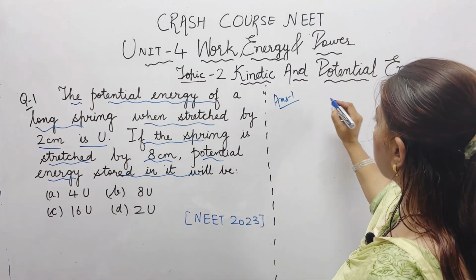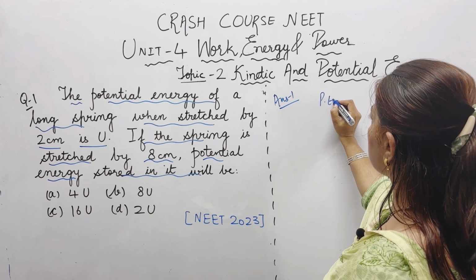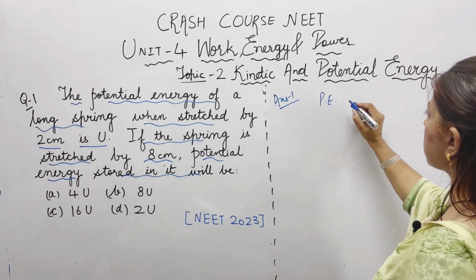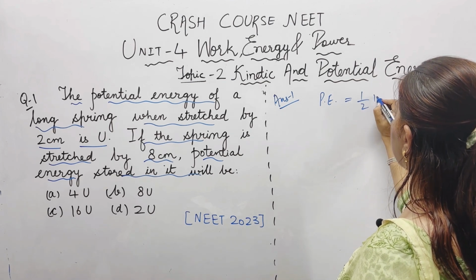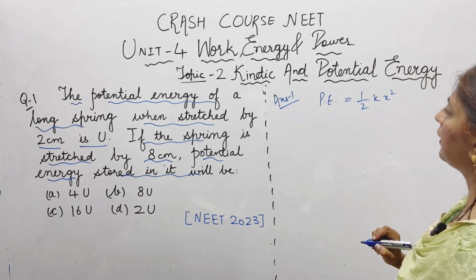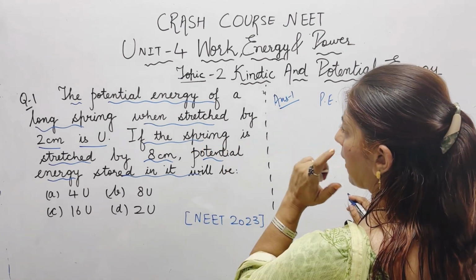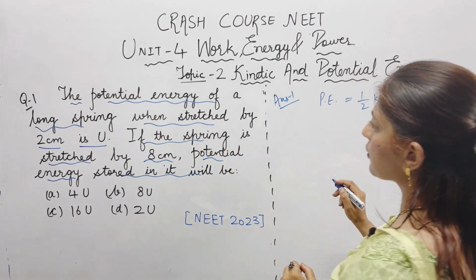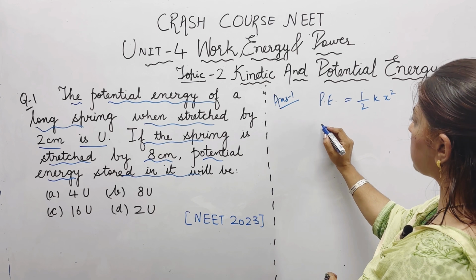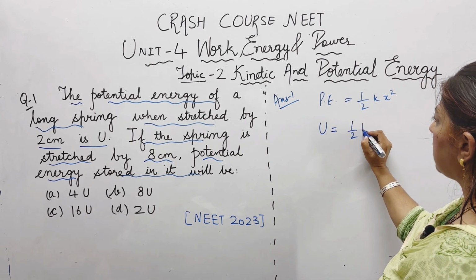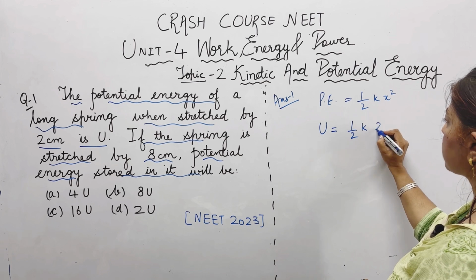Here, potential energy in terms of spring constant is given by half kx square. This is the formula. So, according to the first part, the potential energy of long spring when stretched 2 centimeter is U. Potential energy is U, and the stretching is 2 centimeter.